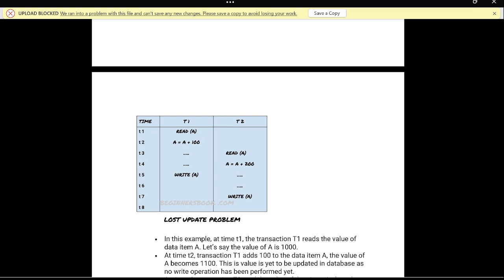At the T5 time slot, T1 doesn't know what to write: whether A as 200 or A as 400. There is a conflict in our database. Such errors are called the lost update problem, because at time T3 we lost an update to our database.